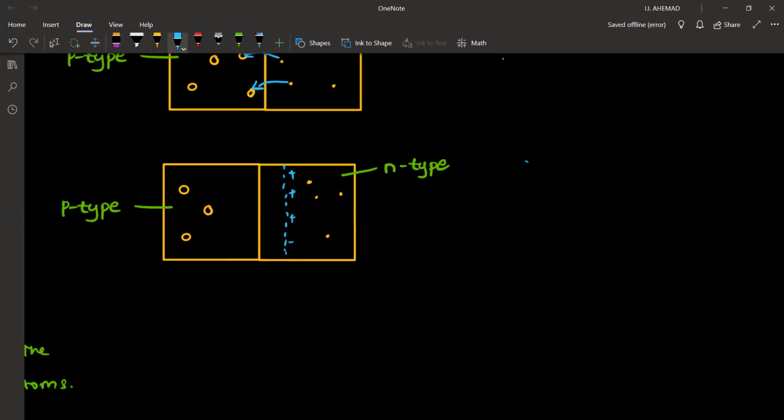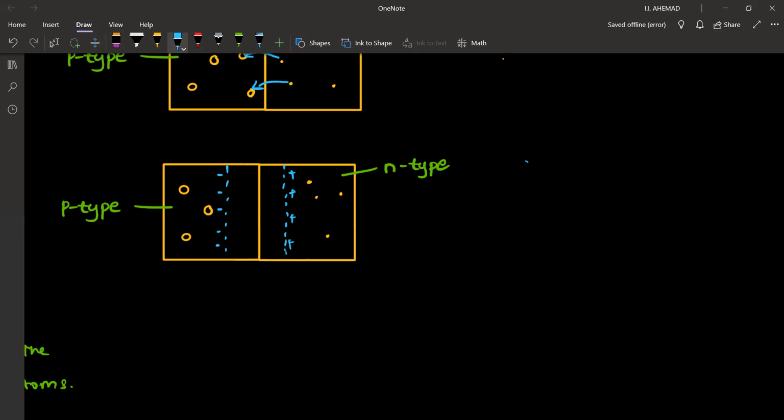On the other side, we had an equal number of protons and electrons, they were electrically neutral. As these electrons diffused into the p-type region, this side now becomes electrically negative.